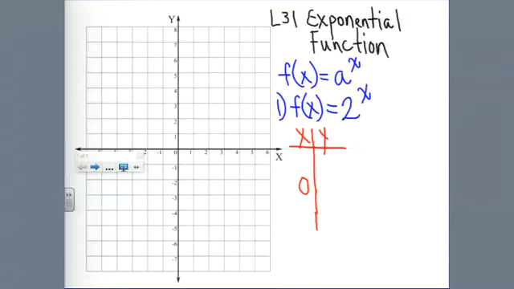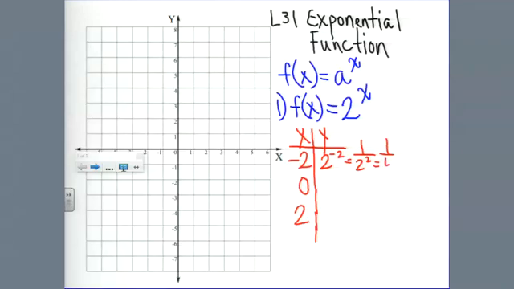A negative number, let's say -2, and let's pick a positive 2. First up, replace that exponent of x with -2. Now, the negative exponent means reciprocal. So the reciprocal or flip of 2 to the -2 is the same thing as 1/2 squared.